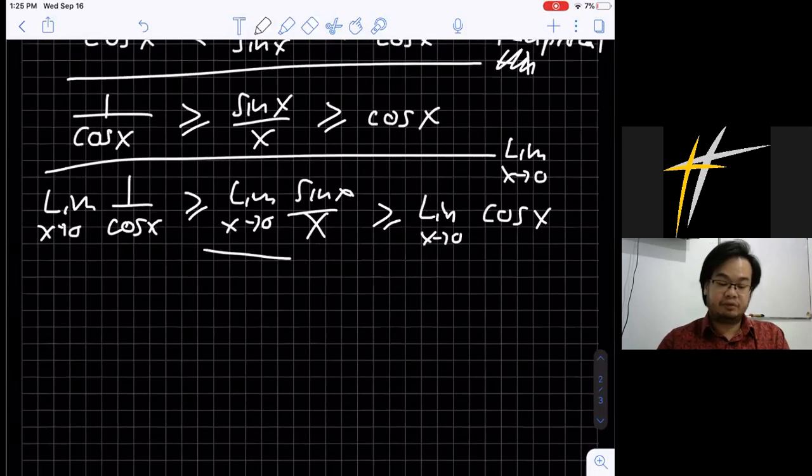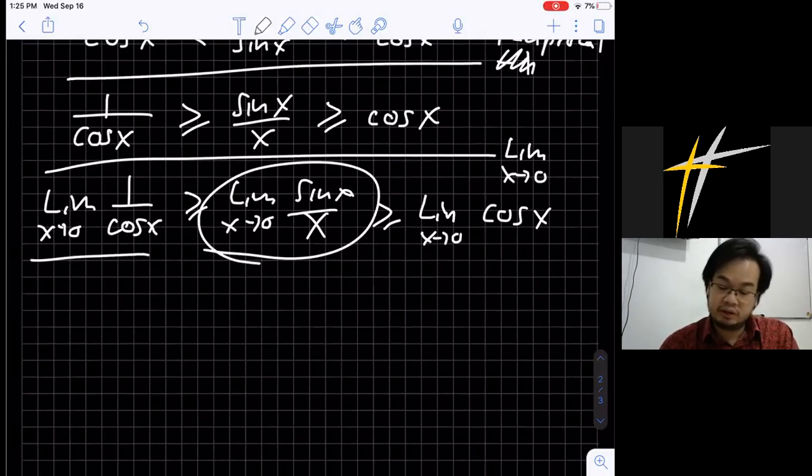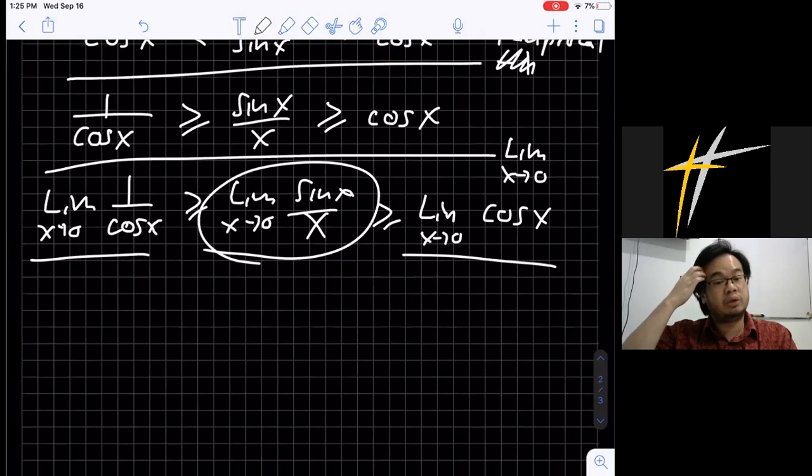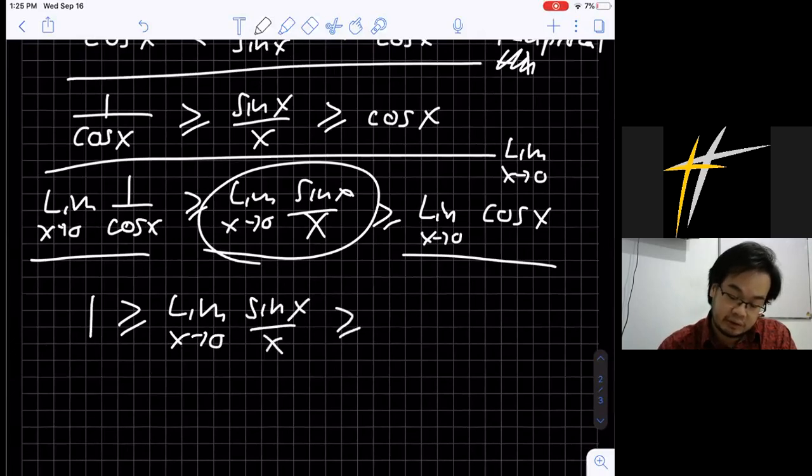Now realize that if you substitute here, it will be an indeterminate form, right? It will be 0 over 0. But for this one and this one, if you substitute, it actually results in a number, which is cosine 0, equal to 1. So I will have 1, the limit of x approaching 0 of sine x over x, and 1.